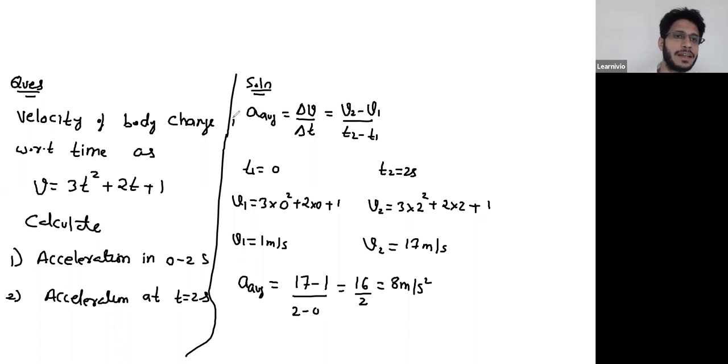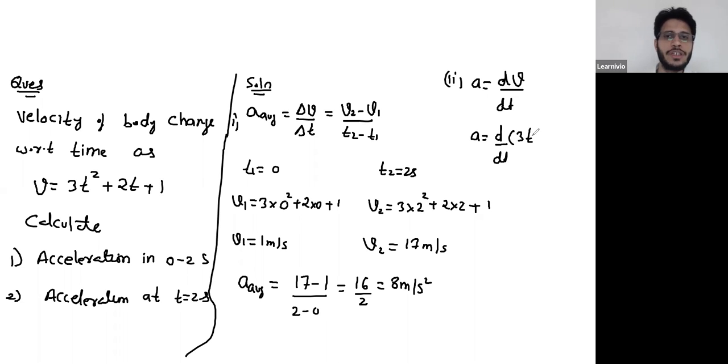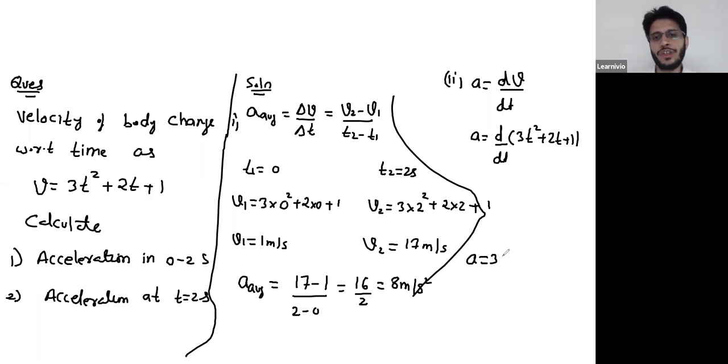In the second part, t equal to 2 seconds means instantaneous, which is simply dv over dt. So it's d over dt of 3t square plus 2t plus 1. 3 is constant, the derivative of t square is 2t, the derivative of 2t is 2, and the derivative of 1 is 0.